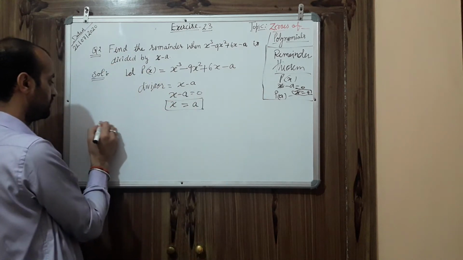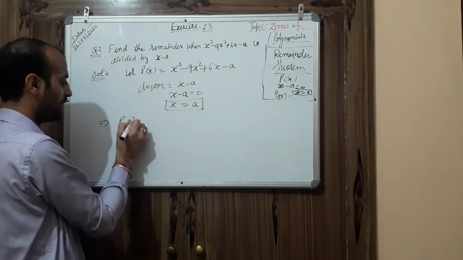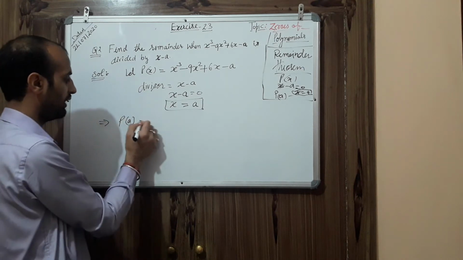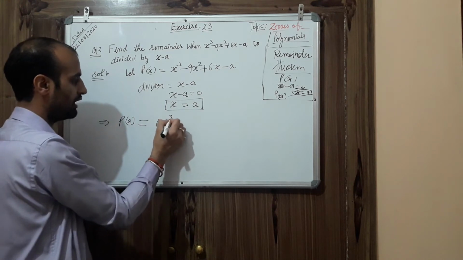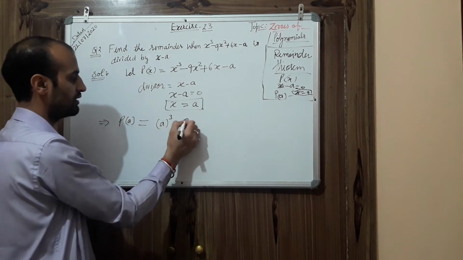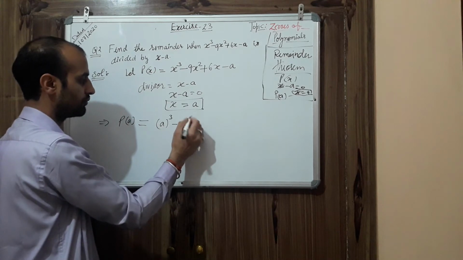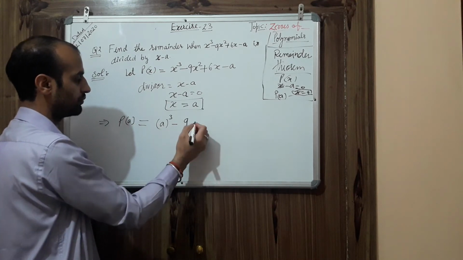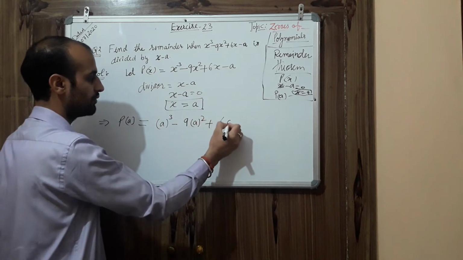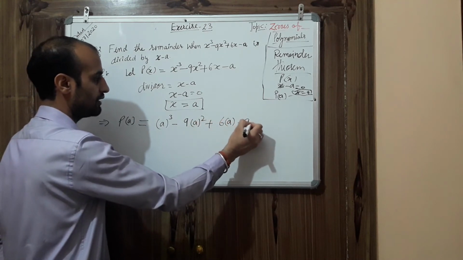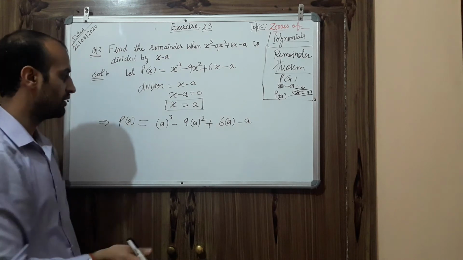Which implies p(a). Substitute a where it is x, so it becomes a raised to power 3 minus 9 of a square plus 6 of a minus a. This would be your line.